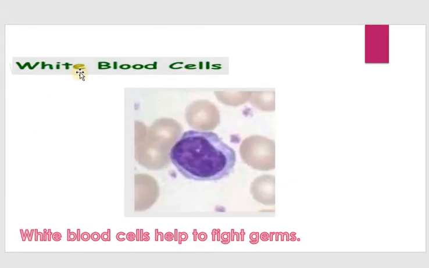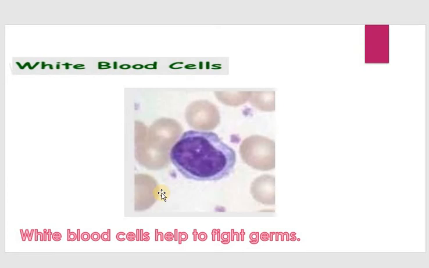Now another cell, that is white blood cells. White blood cells, you can see, have a nucleus and an irregular shape. What is the function of white blood cells? White blood cells help to fight germs. This is part of our defense system.